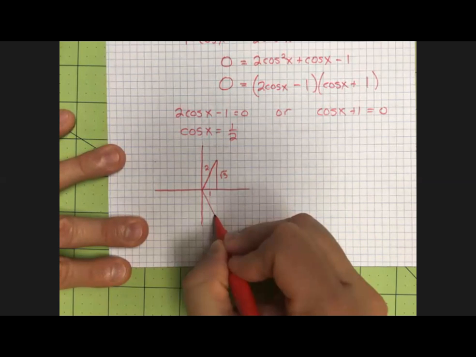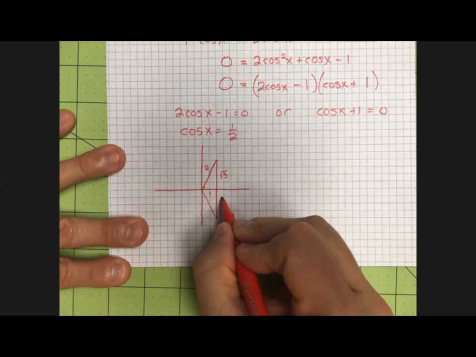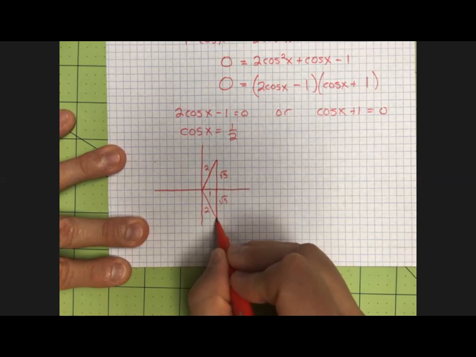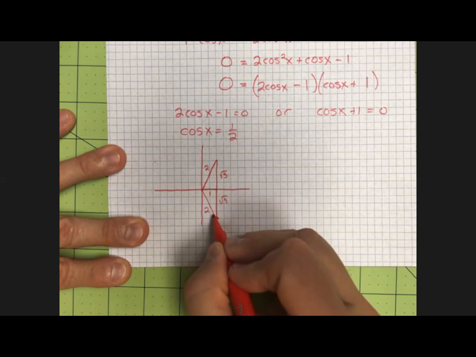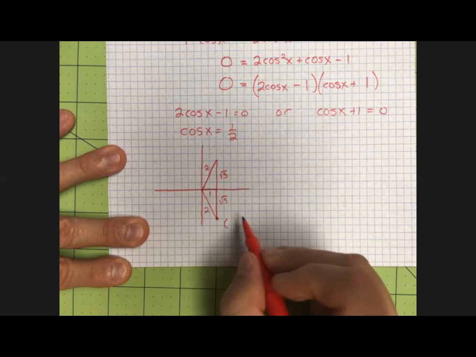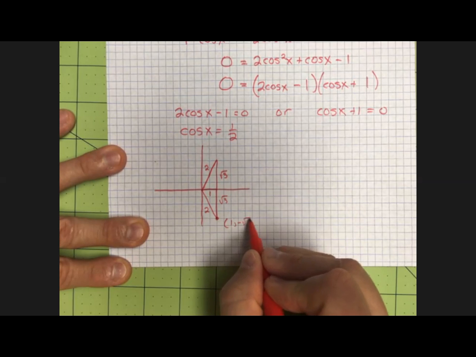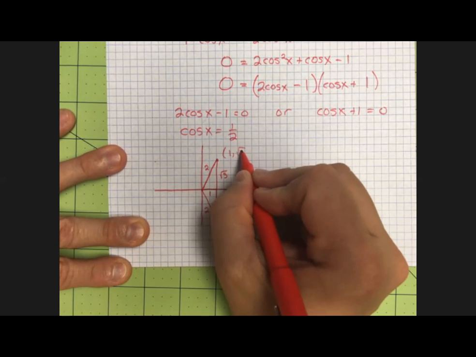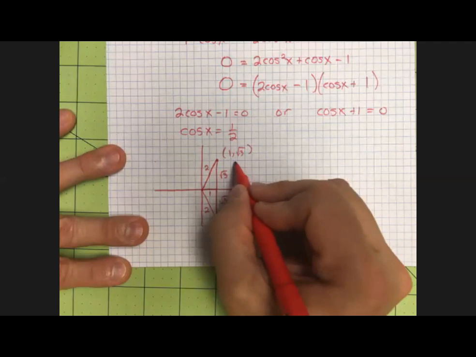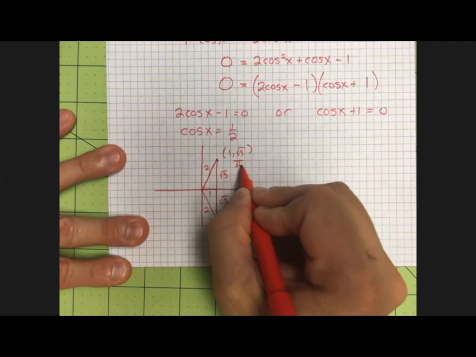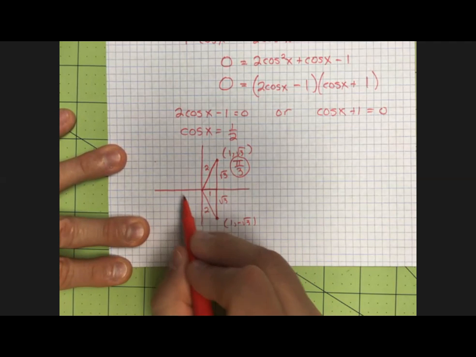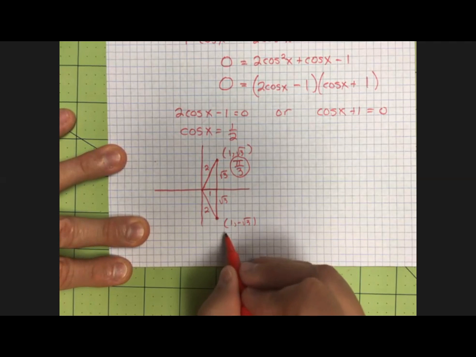That's 60 degrees. Or an angle 30, 60, 90 where I have cosine of 1/2 in the 4th quadrant. The name of this point is 1 and minus root 3. The name of this point is 1 and root 3. We're talking about radians. This is 60 degrees, or pi over 3. This is 1 pi over 3, 2 pi over 3, 3 pi over 3, 4 pi over 3, 5 pi over 3.